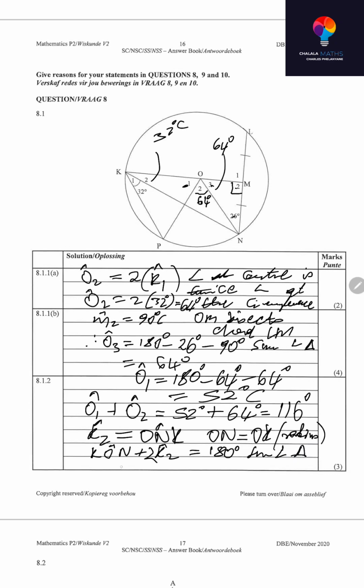With that in mind, KON, which is angle O1 plus O2, is 116, plus 2K2 is equal to 180 degrees. We are now simplifying. At the end of the day, 2K2 is going to be 180 degrees minus 116.